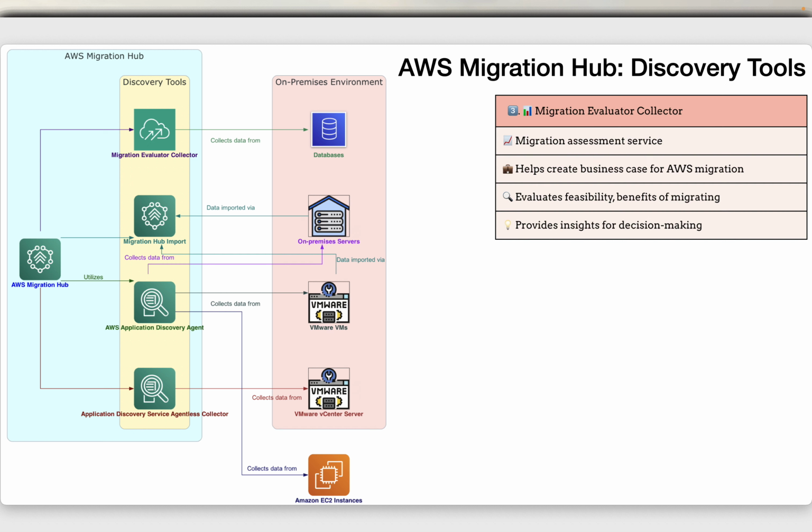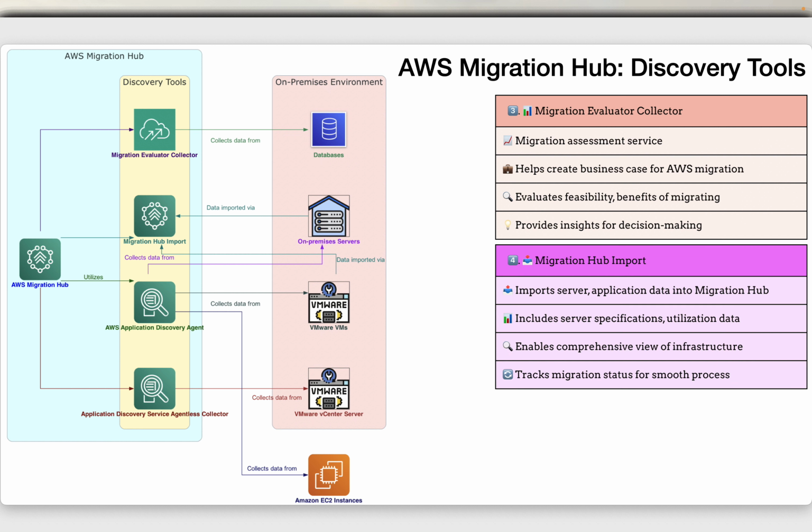Then the next tool is Migration Evaluator Collector. Migration Evaluator is a migration assessment service that assists in creating a directional business case for AWS cloud planning and migration. It helps you evaluate the feasibility and benefits of migrating to AWS, providing valuable insights for decision making. Migration Hub Import.